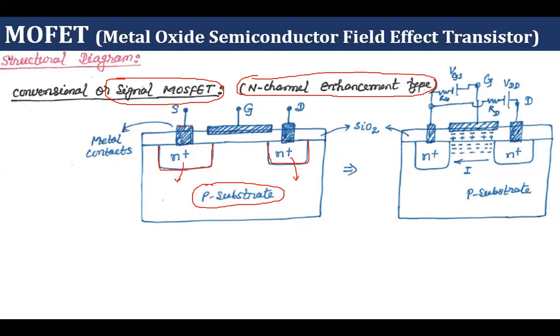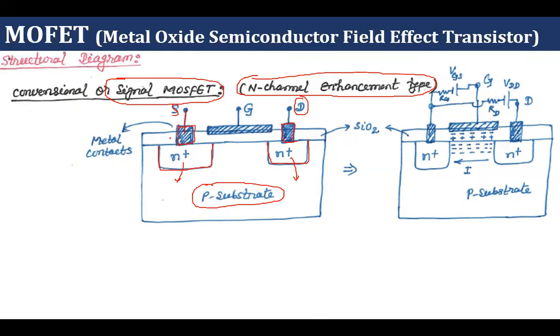One N plus is behaving as a source, which is connected with a metal contact. Another well is behaving as a drain, and it is connected to the drain terminal with the help of metal contacts.